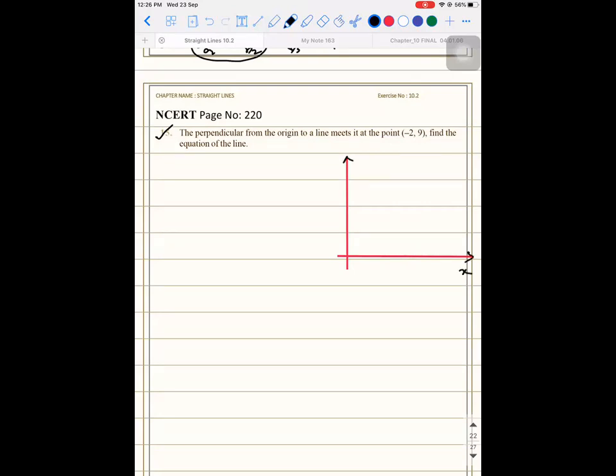So this is x and this is y. (-2, 9) belongs to which quadrant? Fourth quadrant? Hold on, minus 2, so the second quadrant. It should be like this.